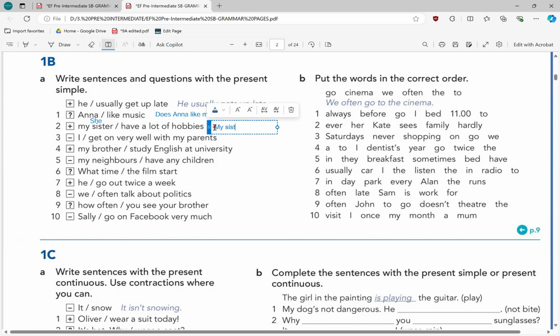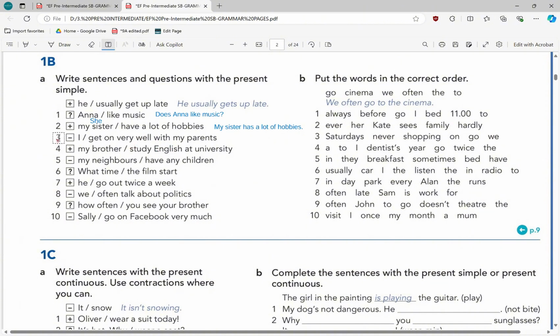Writing. When you learn this grammar, writing is very important, guys. When you write, you learn better. So don't be lazy. Write it. At the end of the day, it's not a lot. I get 10 questions here. So my sister has a lot of hobbies.